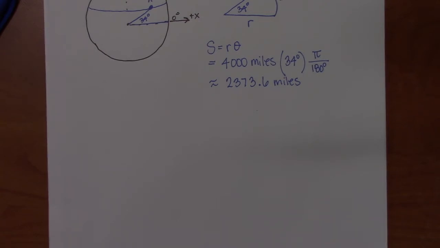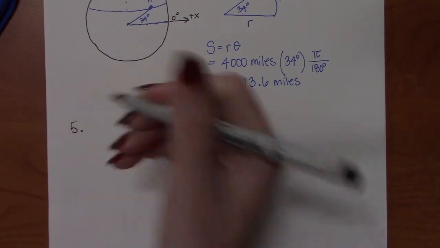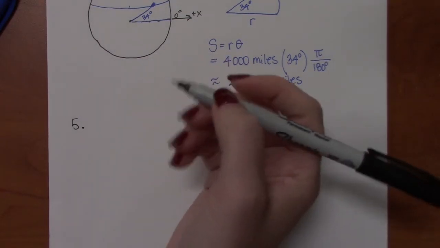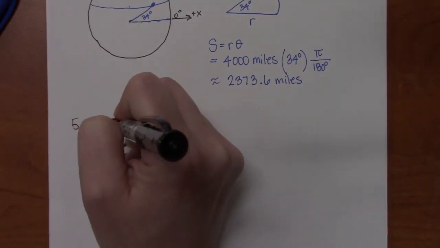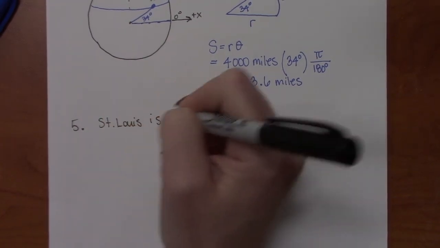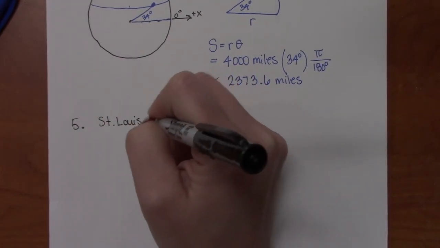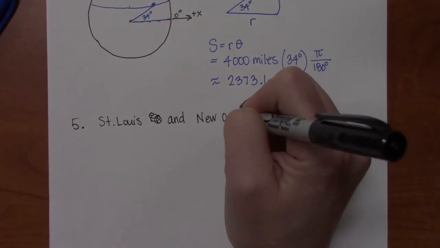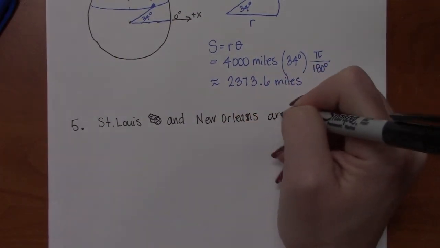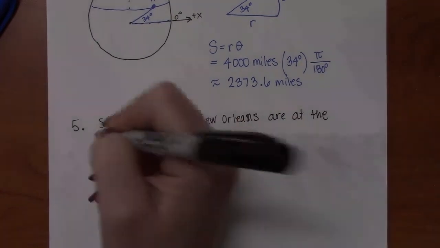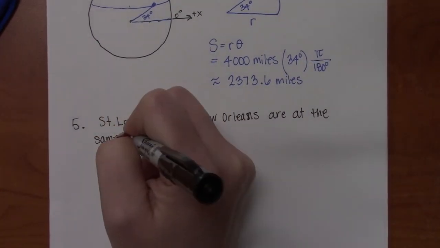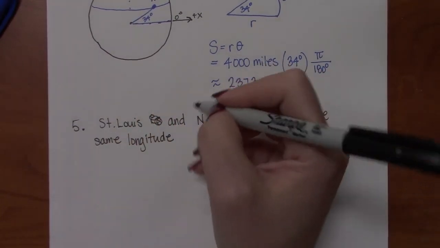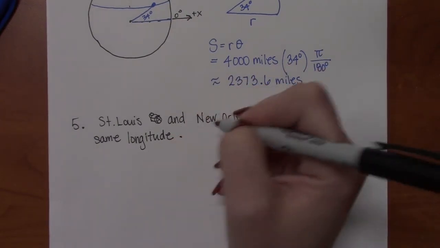All right, so let's look at another one. So this is a kind of a continuation, right? So we're still going to assume the radius of the Earth is 4,000 miles, but St. Louis and New Orleans are at the same longitude, right?